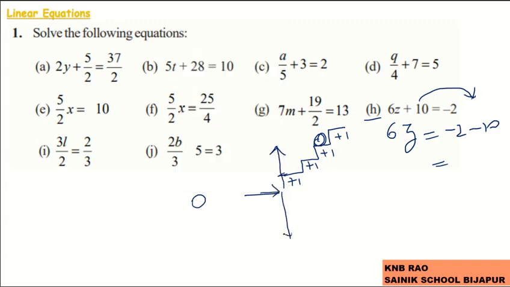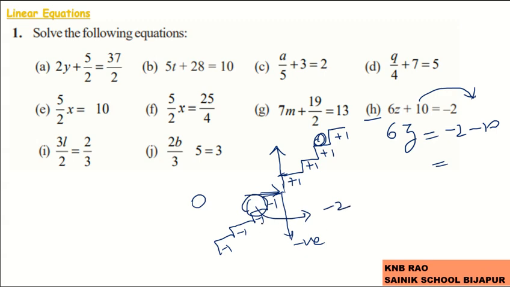Going downwards is supposed to be negative. That means from here, if you come down like this, then you are supposed to have this below 0 being negative. Suppose if you are here, then it is supposed to be minus 2.